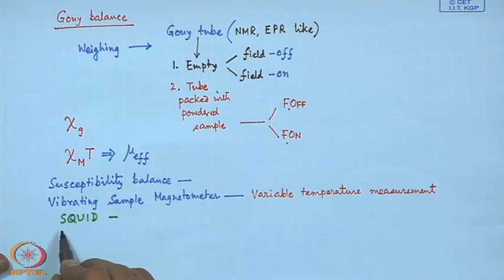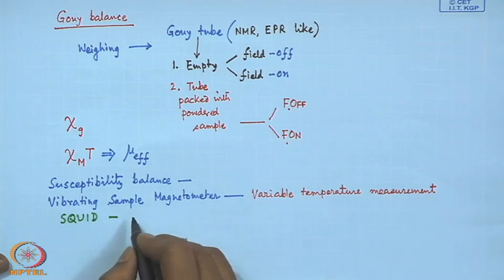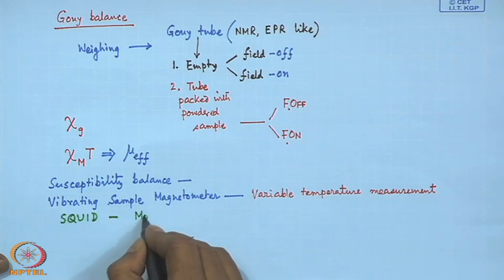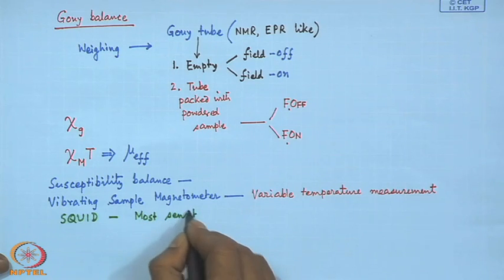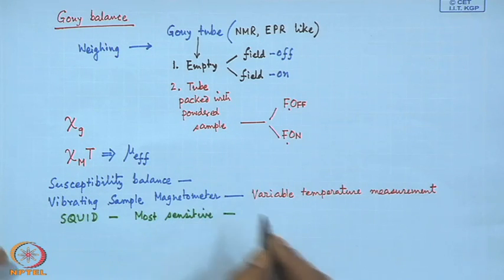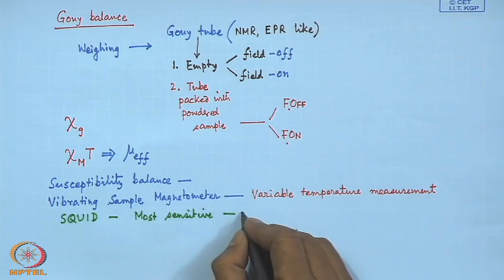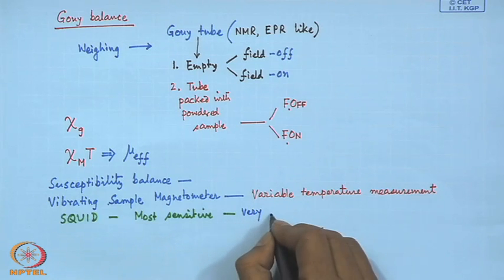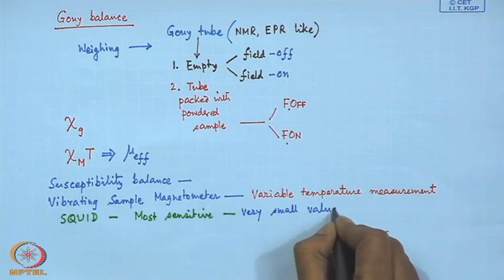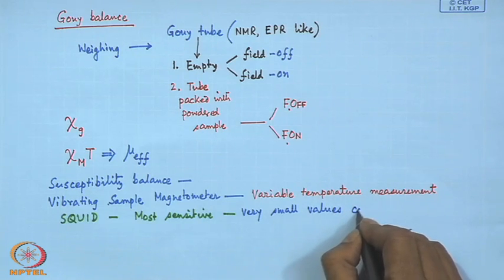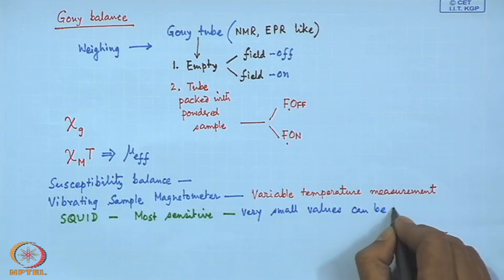This superconducting quantum interference device is the most sensitive one, which can measure very small magnetic moment values nicely.